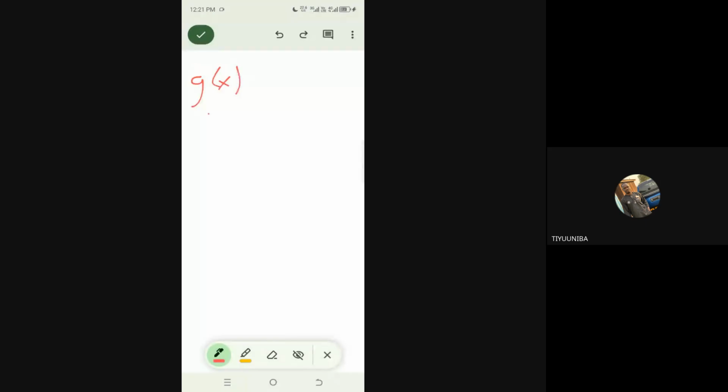So what I'm trying to say is we asked for the range of g of x. The range is the same as, so this is for domain, and this is range. We are asking for range. They are all the same answer.